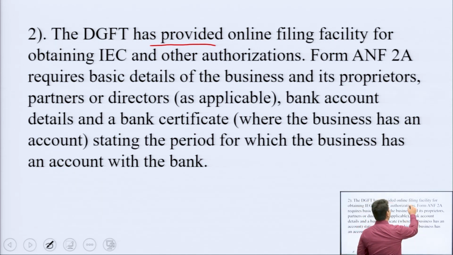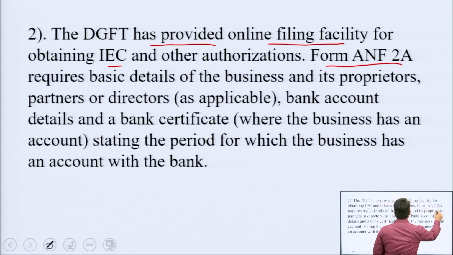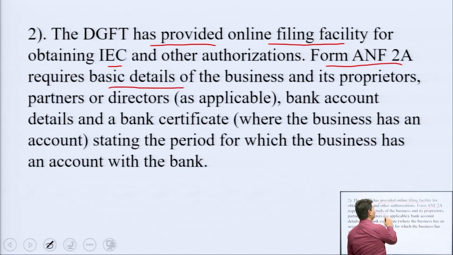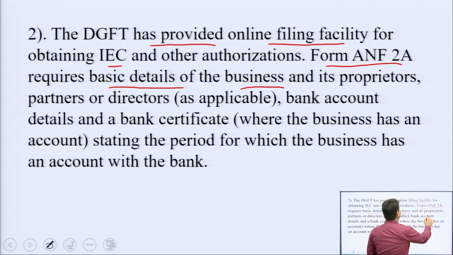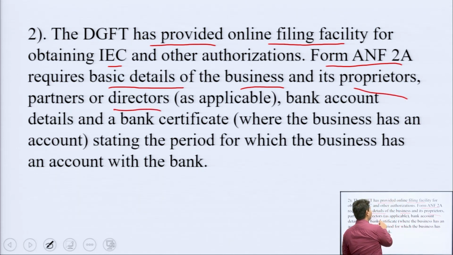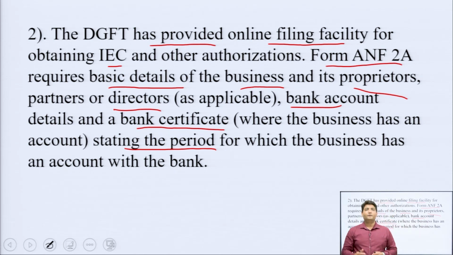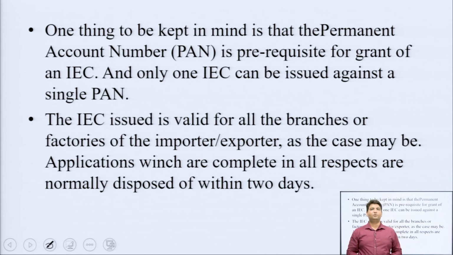DGFT ने एक ऑनलाइन फाइलिंग फैसिलिटी प्रोवाइड की हुई है आईईसी के लिए, जिसके अंदर अदर ऑथराइजेशंस भी लिए जा सकते हैं. फॉर्म ANF2A को बेसिक डिटेल्स चाहिए होती हैं बिजनेस की और उसके प्रोप्राइटर्स की, पार्टनर्स और डायरेक्टर्स की, उसके बैंक अकाउंट की डिटेल्स एंड बैंक सर्टिफिकेट होना ज़रूरी है जहाँ पे बिजनेस का अकाउंट है. स्टार्टिंग उसके अंदर स्टेट होना चाहिए पीरियड, किस टाइम पीरियड के लिए बिजनेस का अकाउंट है उस बैंक के साथ में, ये मेंशन होना ज़रूरी है.